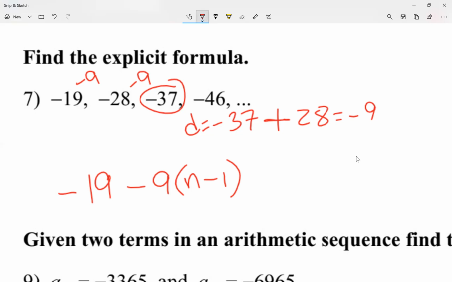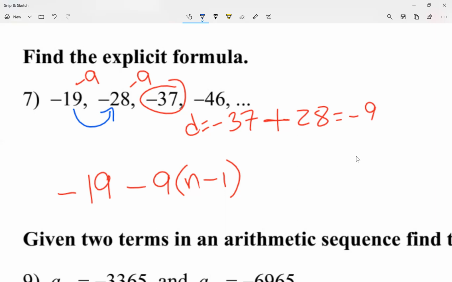The reason is that I start the common difference from the second number. My first number was negative 19, just a random number, but I start adding the common difference, in this case subtracting 9, starting from the second number. So that's why it's n minus 1.